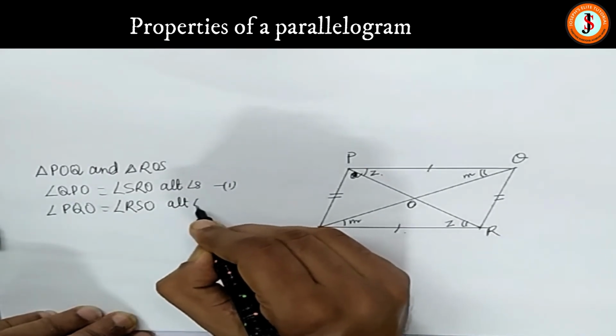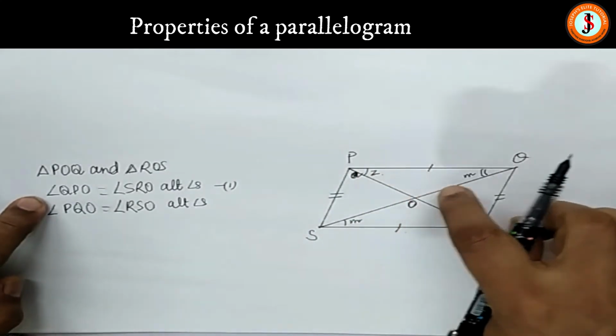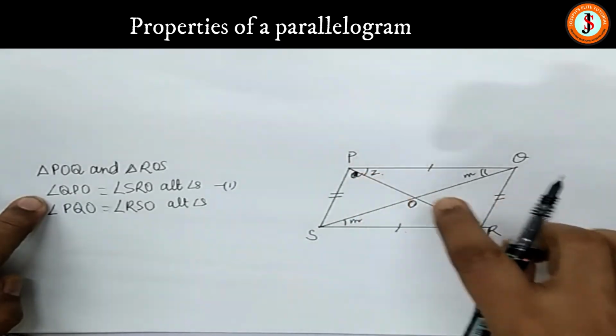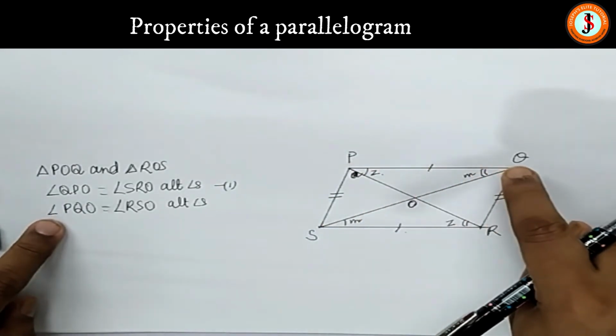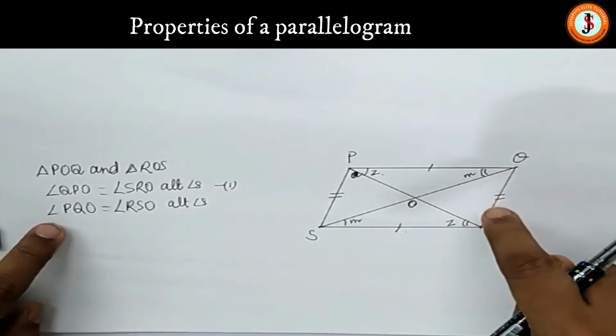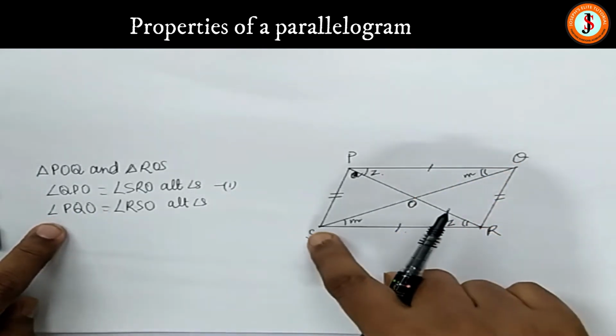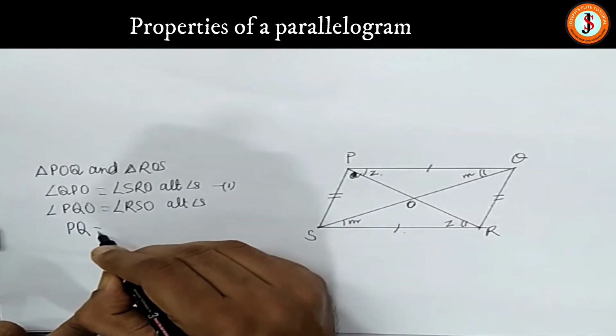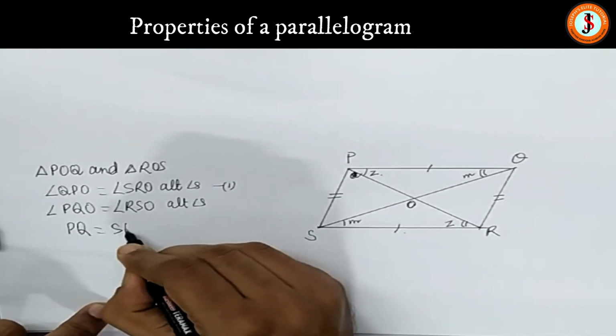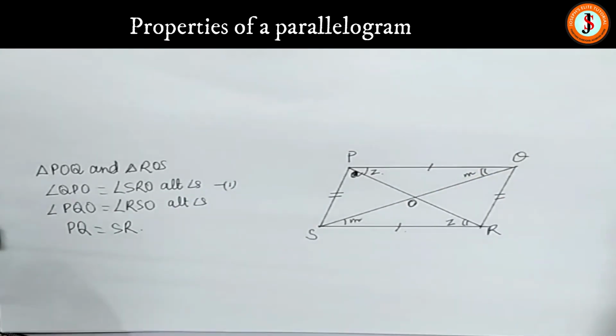This also is alternate angle. So let us see, if QPO is Z, then SRO is Z, and if PQO is M, then RSO is M. And PQ side is equal to SR side, because we know that opposite sides of a parallelogram are equal.